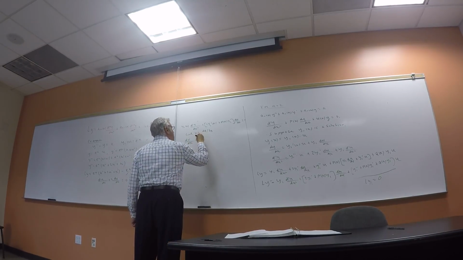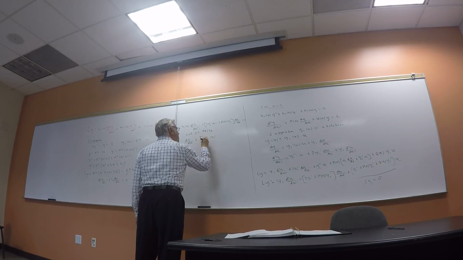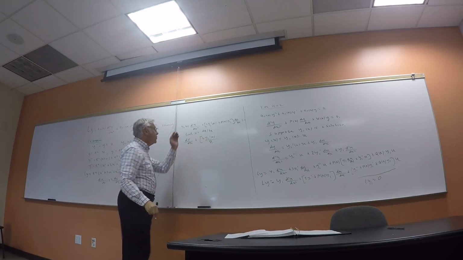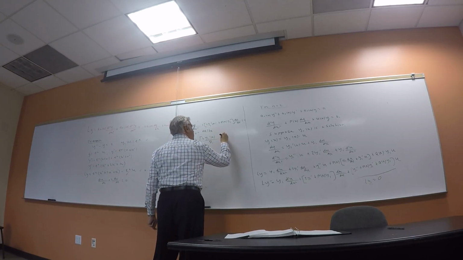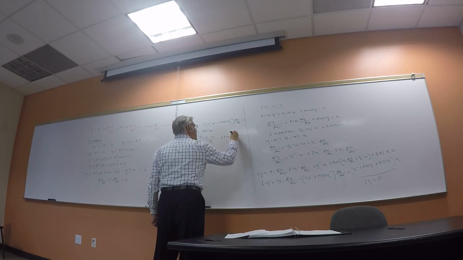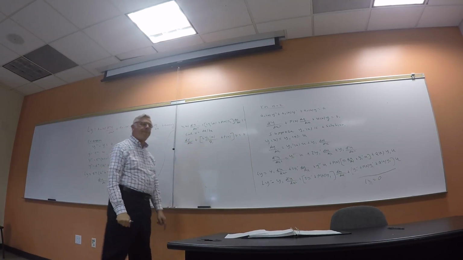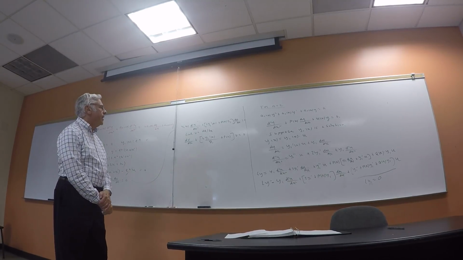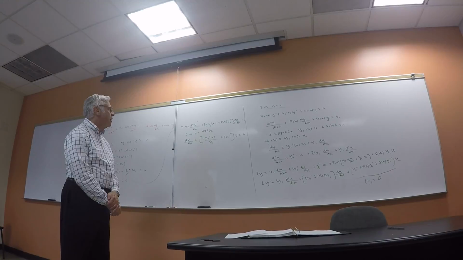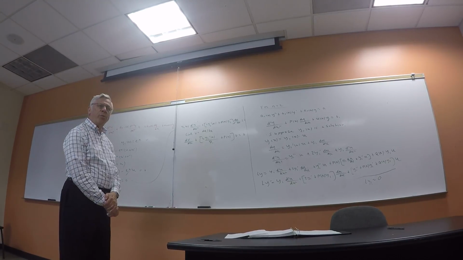Plus 2y1 prime of x divided by y1, and luckily over there it just cancels, plus p of x times v is equal to 0. Okay, so I divide through by y1, and I just let du dx equal v. Okay, you see it's separable.